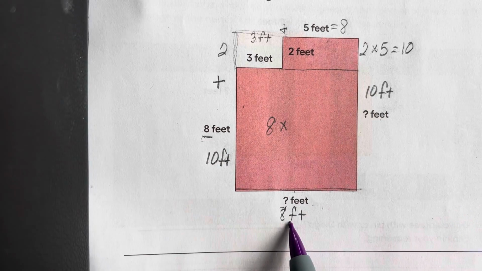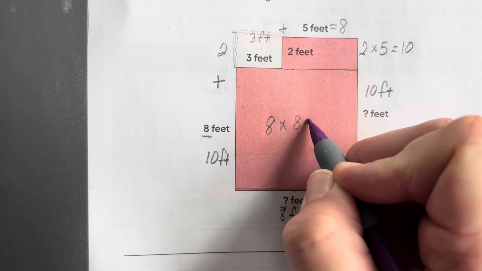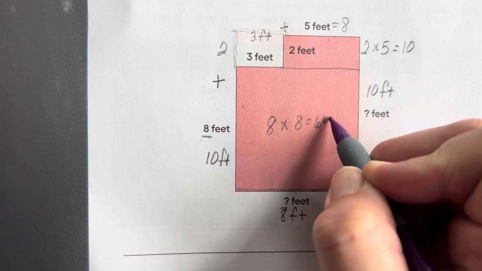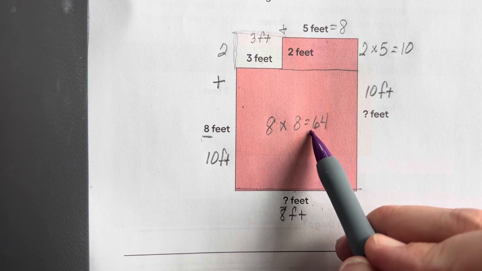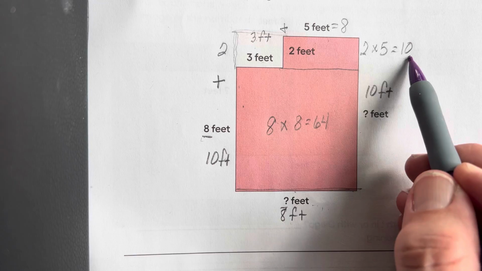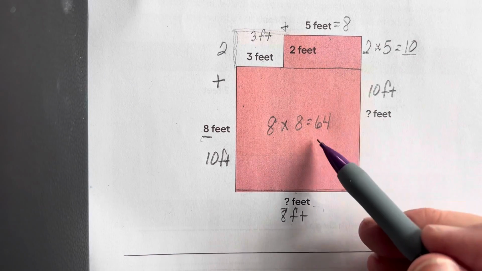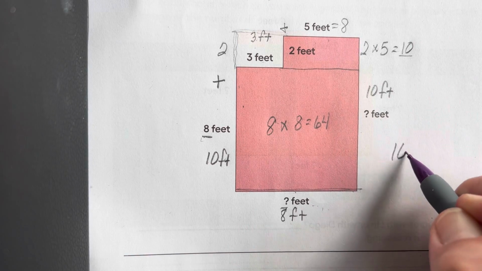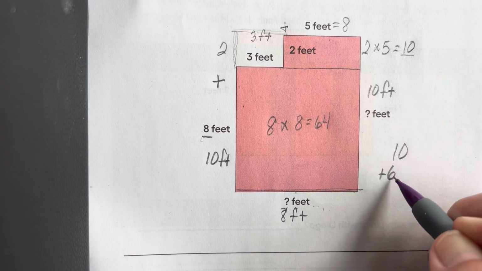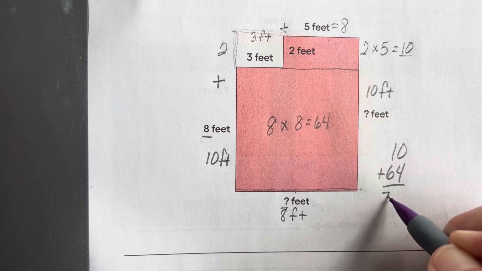This whole thing was 8 feet. We figured that out earlier. 8 times 8 equals 64. So this part is 64, this part is 10. To get my final answer, I need to recombine everything. So I have 10 feet plus 64 feet. That equals 74 feet squared.